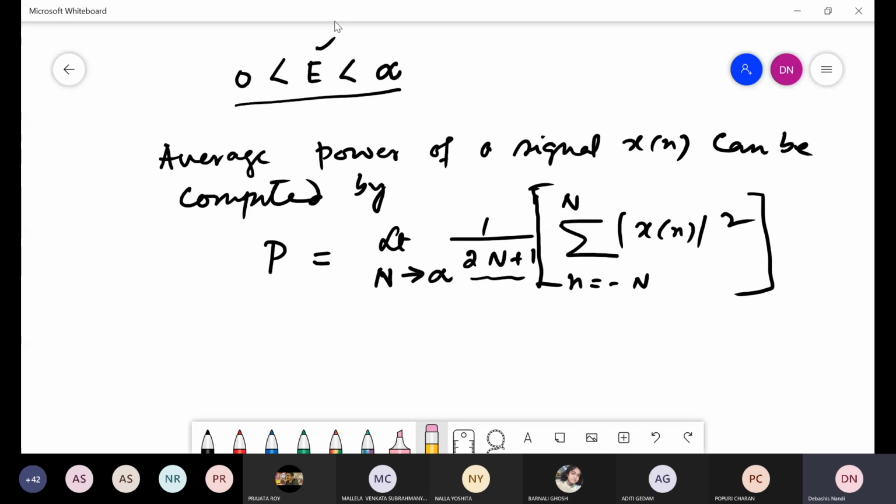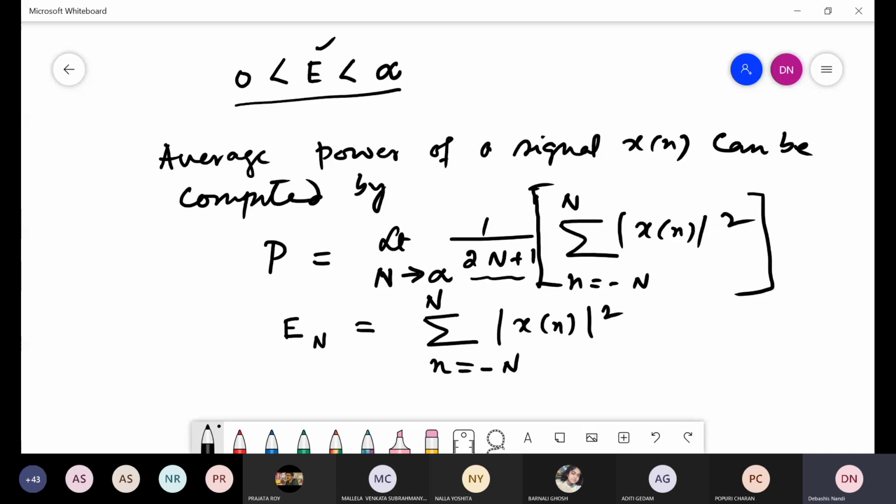Now what you can see, if you consider that EN is equal to, for example, summation n is equal to minus capital N to plus capital N mod xn square. Suppose I am writing this as the energy, because you know capital N here.